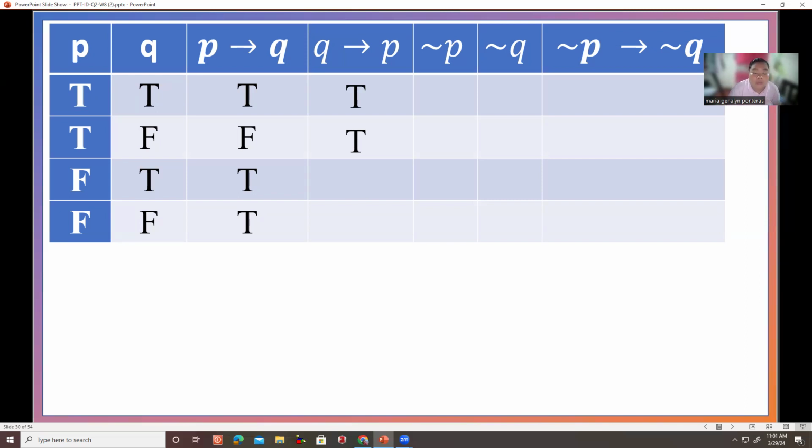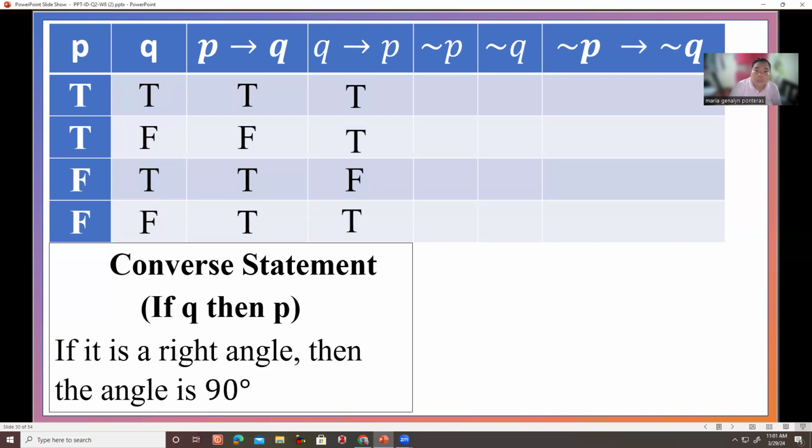So false going true, so this is true. This one is false because Q will be the hypothesis and P will be the conclusion. So true going false. Then this one is true, both true. Not P implies not Q. So you get the negation of the previous statement. And so this is the truth value where the converse statement becomes false.